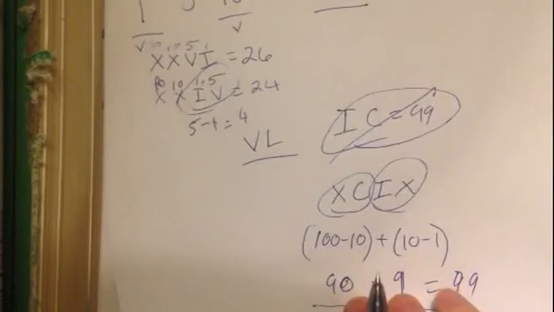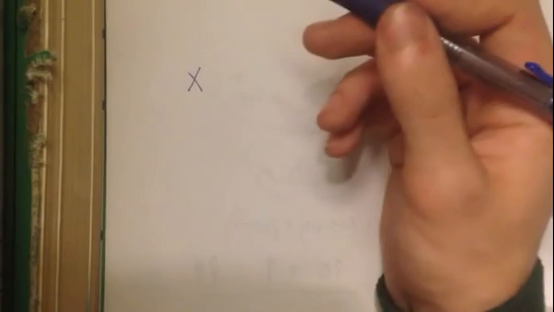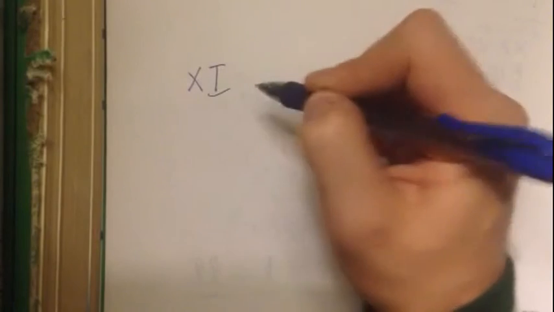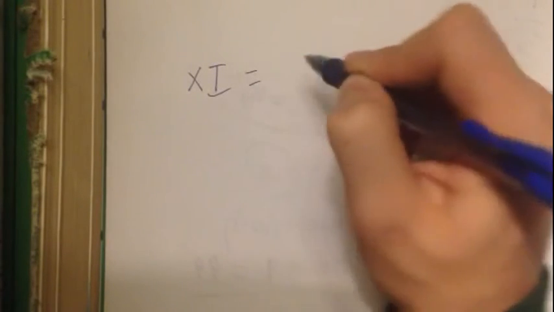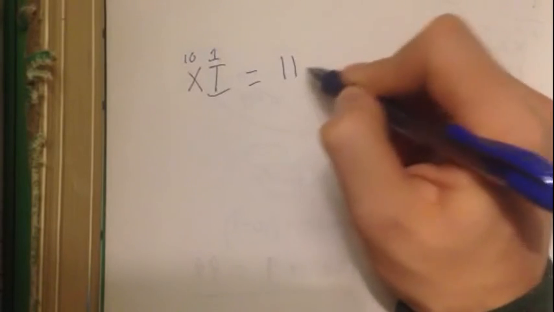Let's see what else. Oh yeah, the other thing that they used was a line over a digit. Let's say you have the number XI. That's 10 and 1, so that'll be 11.